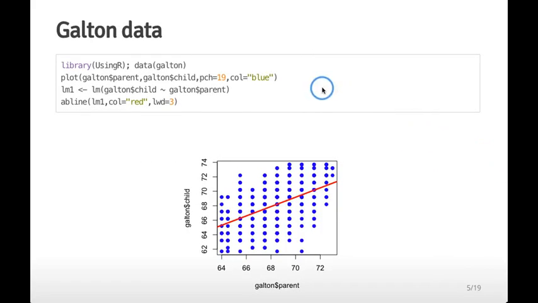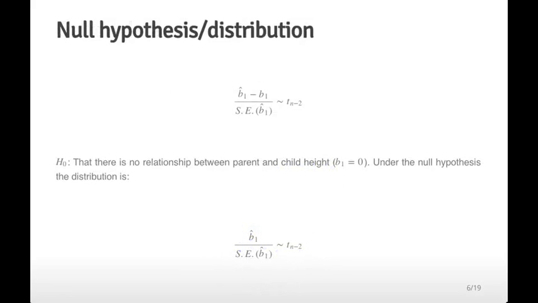So we're going back to the Galton data for this example. In the Galton data we have the mid-parent height versus the child's height in a scatter plot, and I've overlaid on top of this the least squares line fit through the data. You can see that these data do seem to have a relationship, but we can hypothesize that there's actually no relationship between the two variables.